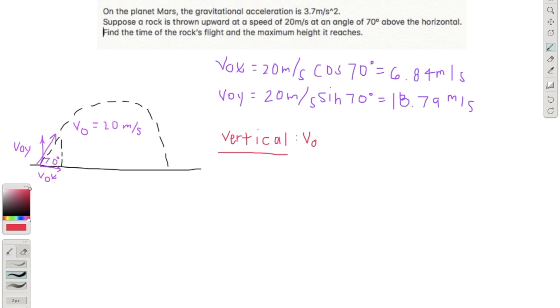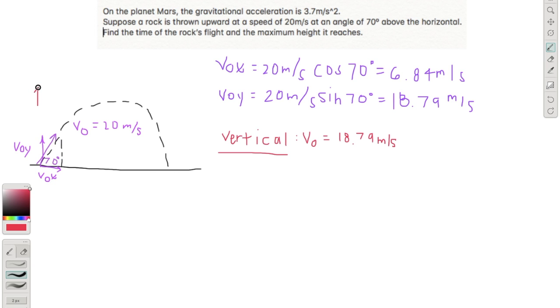I know my initial velocity is the vertical component, which is 18.79 meters per second.